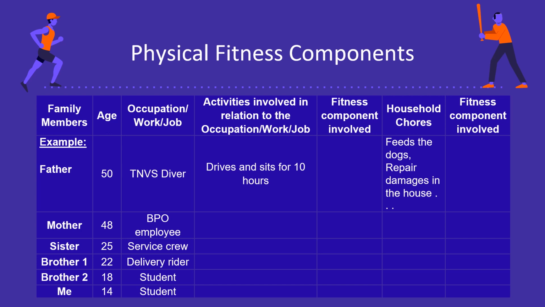At kung anong ginagawa nila. Tapos, ano ba yung activities na involved doon sa ginagawa nila and then yung fitness component involved. Ganun naman din pag nasa bahay sila kung anong household chores ang kanilang ginagawa and then fitness components na involved. So you need to fill this table up for activity number 3.